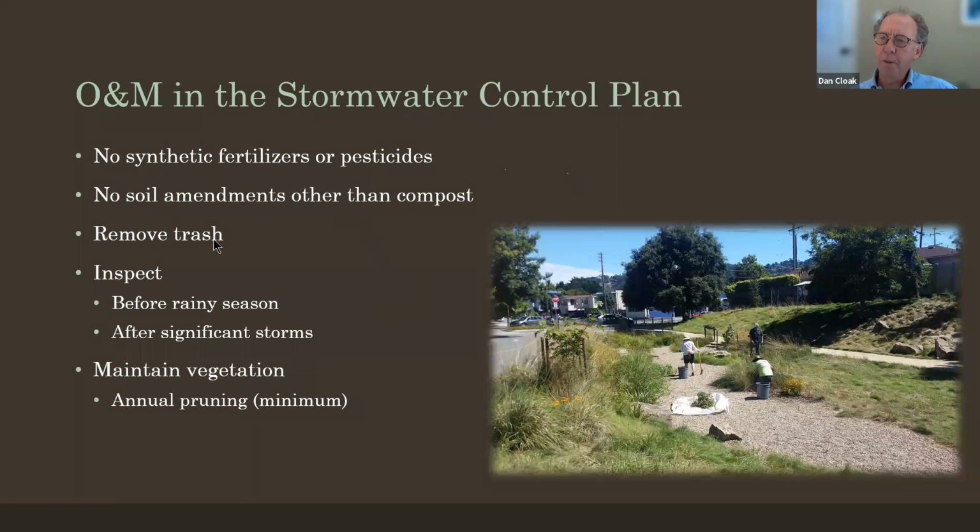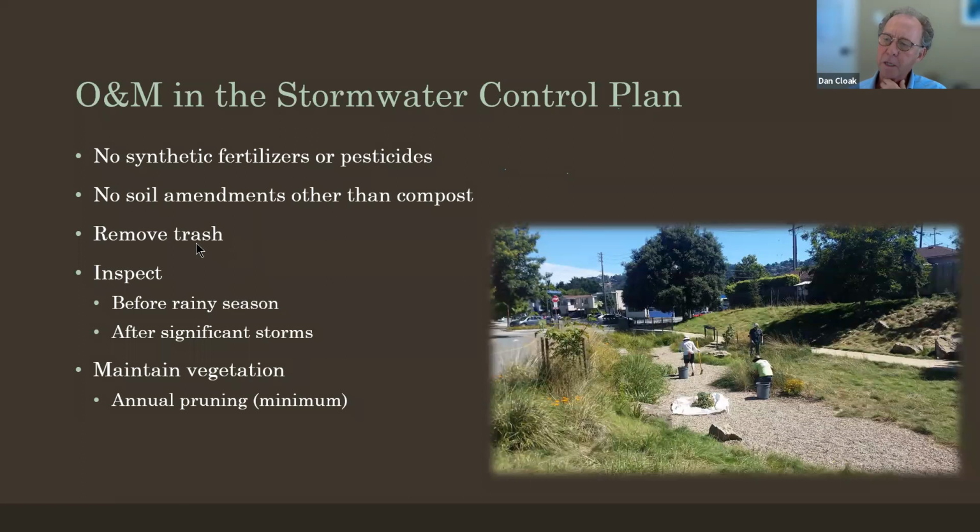Key points for O&M in the stormwater control plan: it should just state that this is known, so this is the way that things start out. No synthetic fertilizers or pesticides or soil amendments.